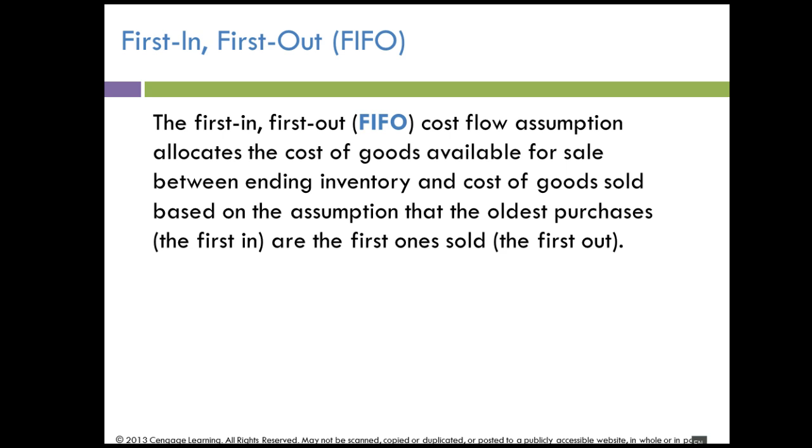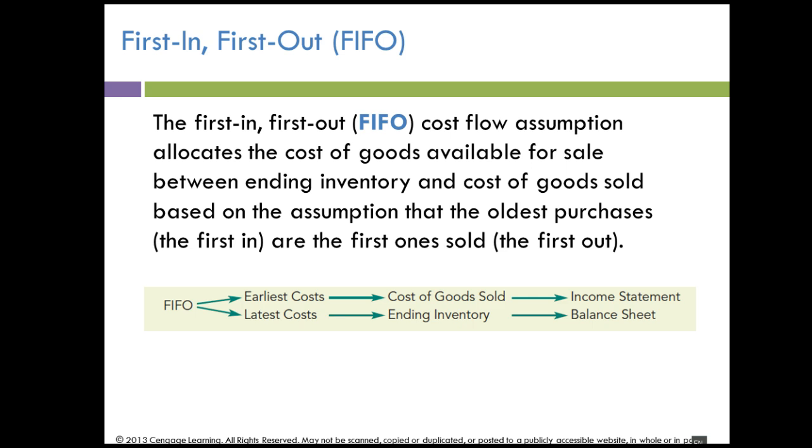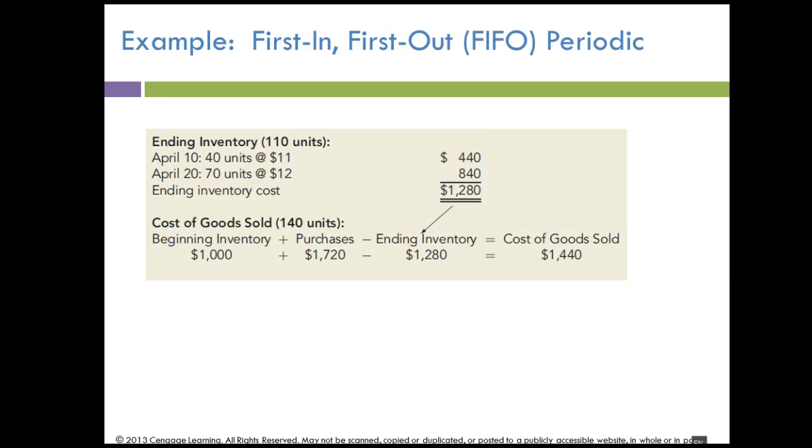The oldest ones sold, and the later ones will be the ones we show in our ending inventory. So as you see, the earlier costs are going to be the ones that we show under cost of goods sold. The later costs will be the ones that we show sitting in ending inventory in current assets.